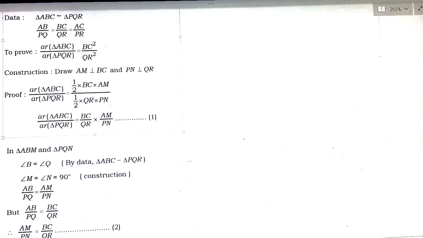So what is the value of AM by PN? It is nothing but BC by QR.